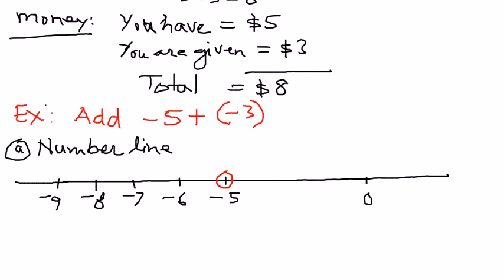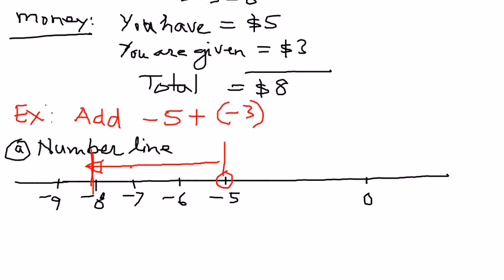We are at -5, and we're going to add -3 to this place. If we were to draw a line here and count 3 units from -5, we're going to move to the left like that, and then place an arrow there, and that is where the arrow is going to end.